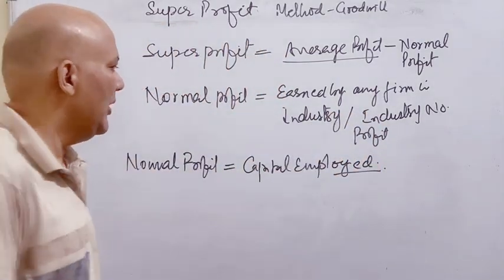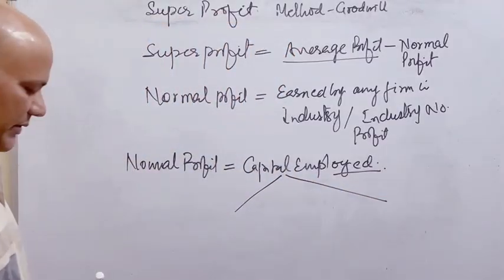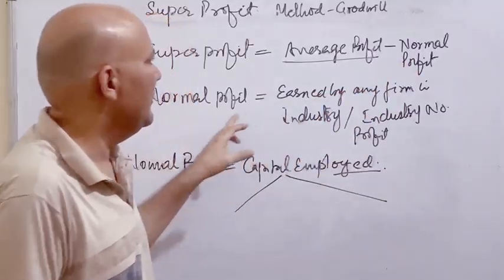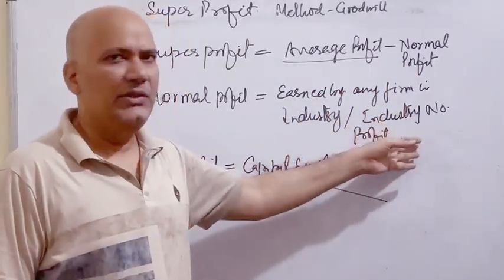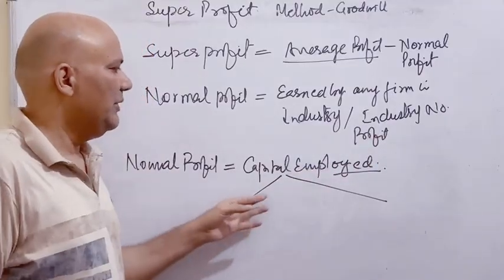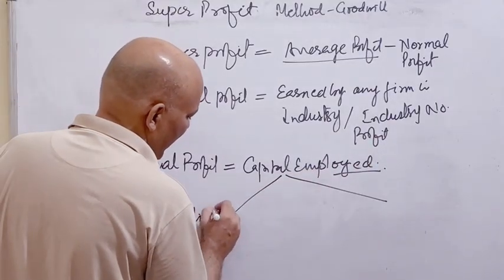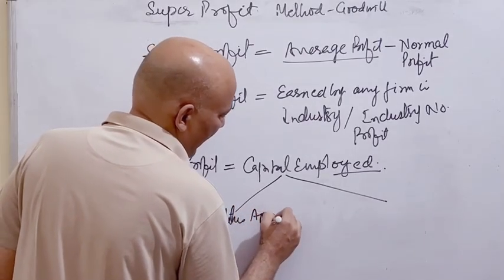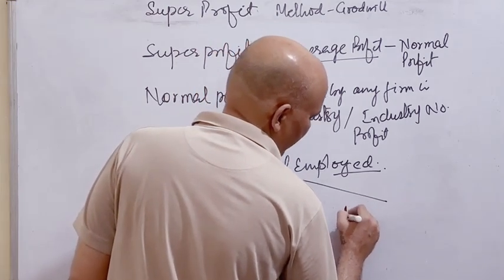For capital employed, you have two approaches. First, super profit is nothing but average profit minus normal profit. Normal profit is the profit earned by the firm or the industry, and for capital employed we have two approaches: the liability approach and the asset approach.